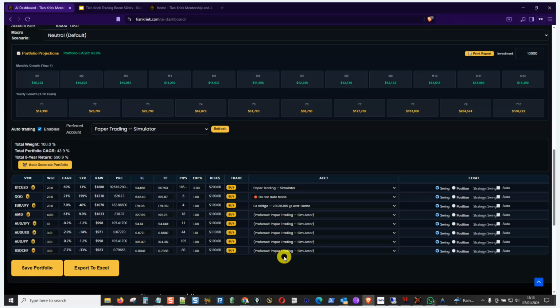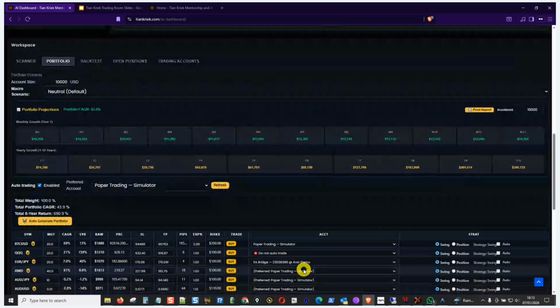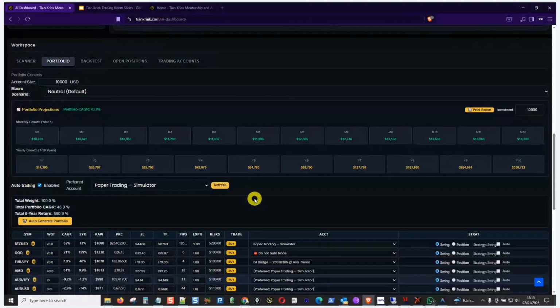So this is a new addition that we did not have last year, is where you can have different accounts in the portfolio, and you can actually allocate a different trading account to a different symbol. Okay, and I think that's quite nifty. Right, so that is the scanner, that is the portfolio.